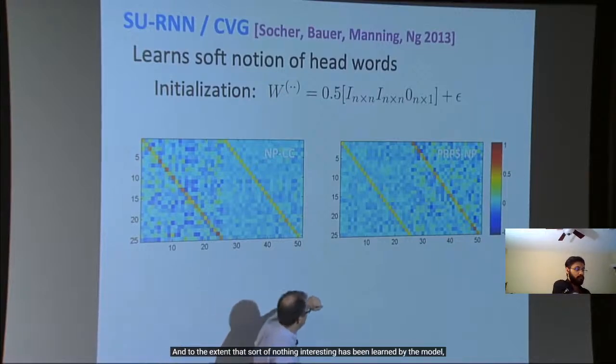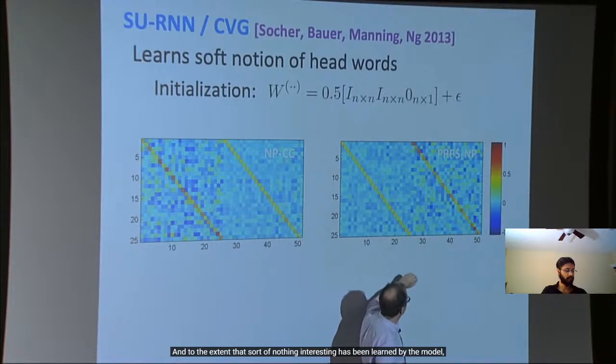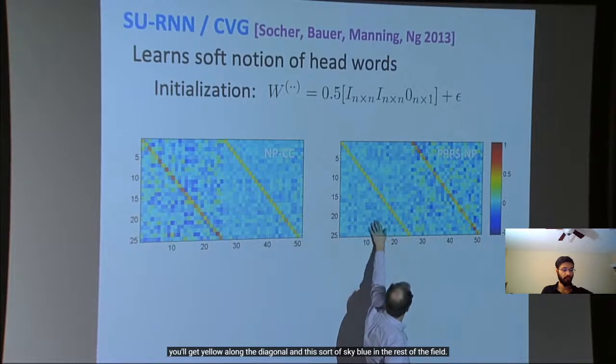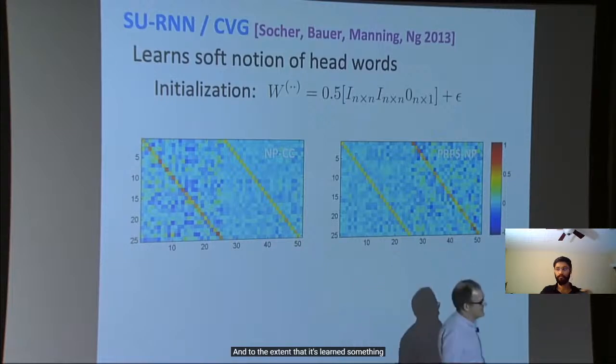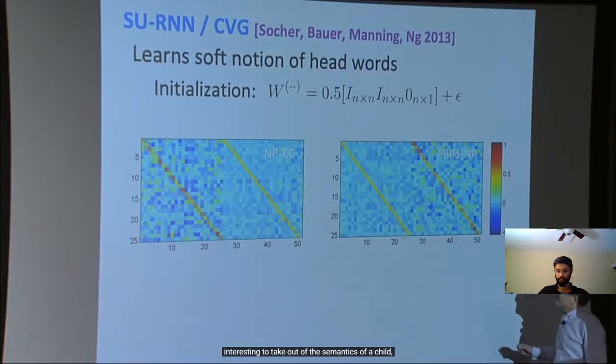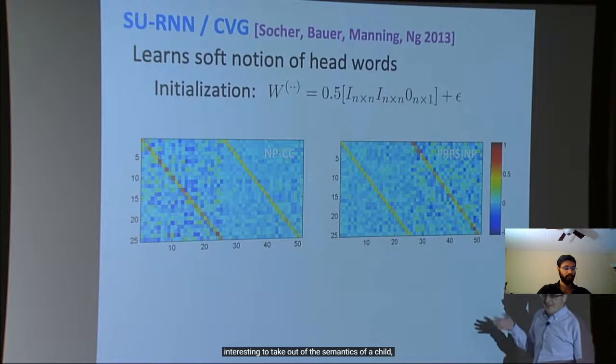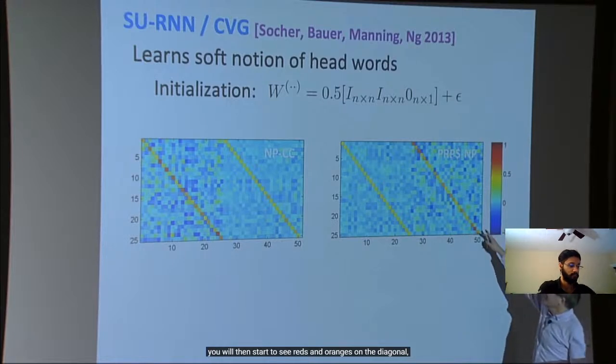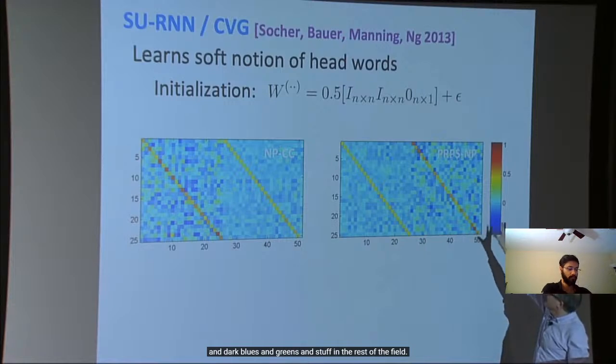And to the extent that nothing interesting has been learned by the model, you'll get yellow along the diagonal and this sky blue in the rest of the field. And to the extent that it's learnt something interesting to take out of the semantics of a child, you'll then start to see reds and oranges on the diagonal and dark blues and greens in the rest of the field.